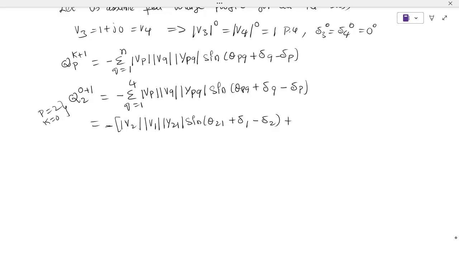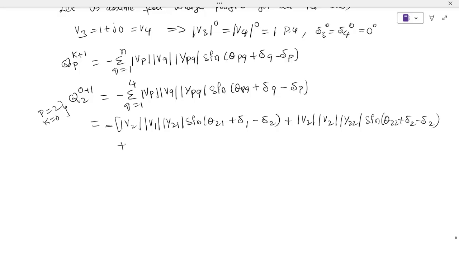Plus the next term, when q is equal to 2: V2 V2 Y22 sin(theta 22 plus del 2 minus del 2).